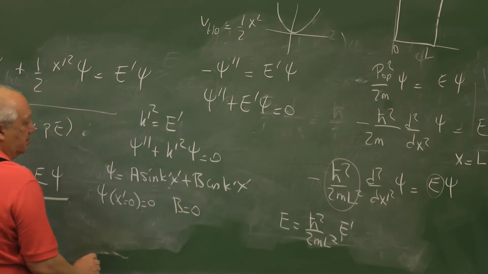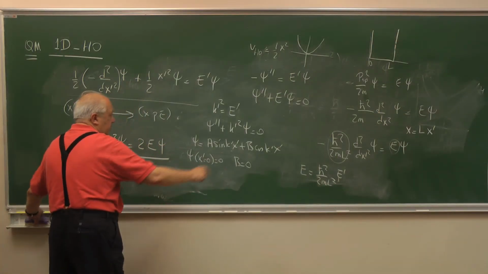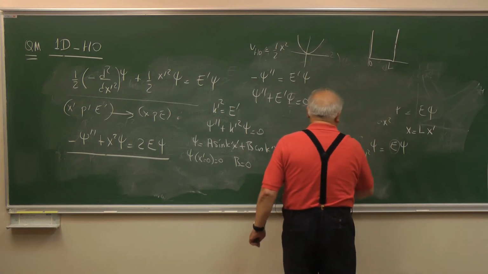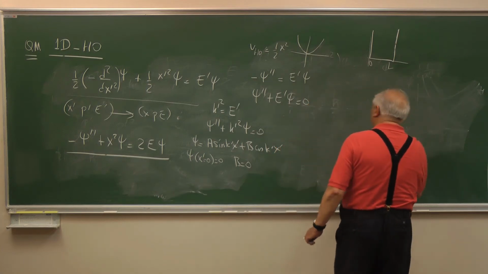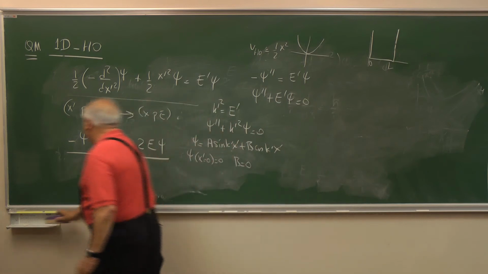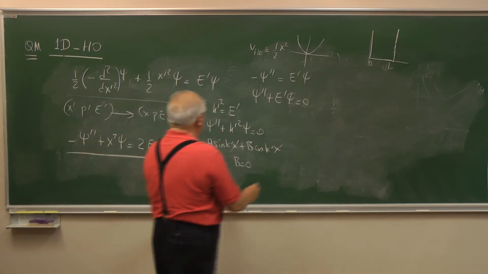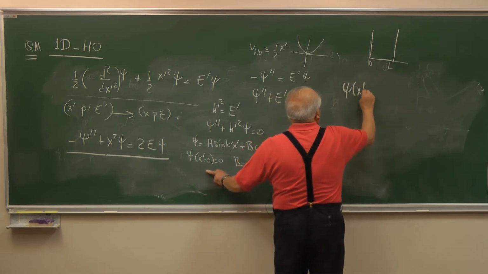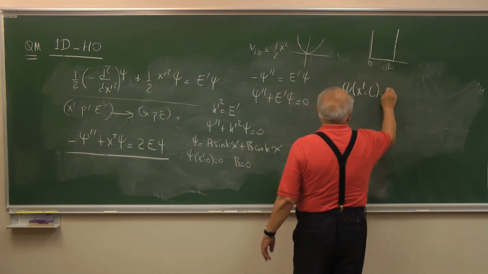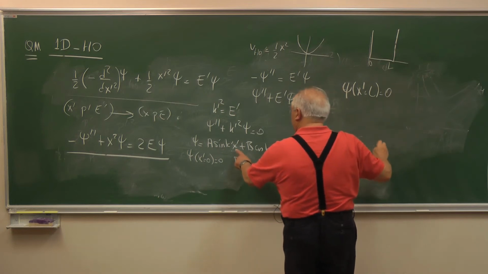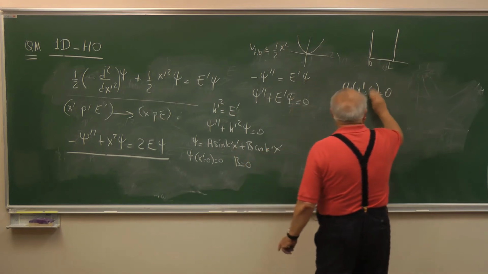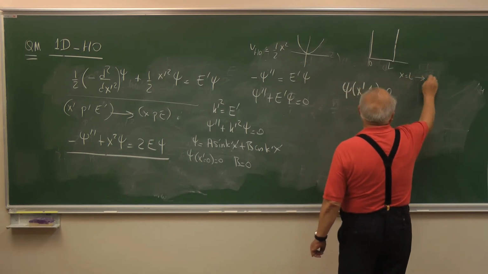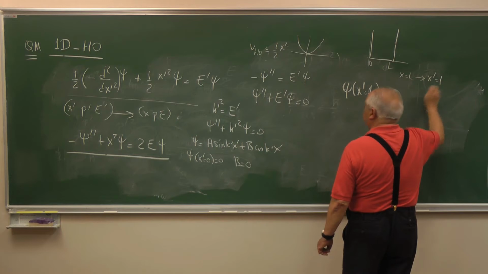And, well, I don't need that part. Let me erase. Psi at x equals L must be equal to 0. That means x prime equals 1. X equals L means x prime equals 1.